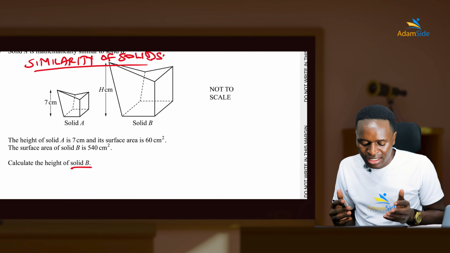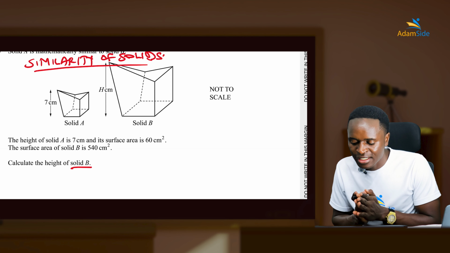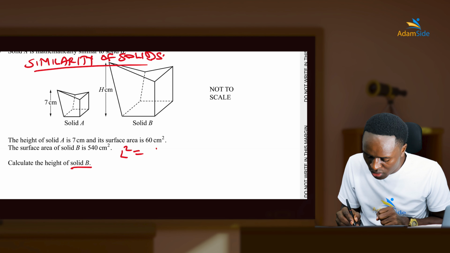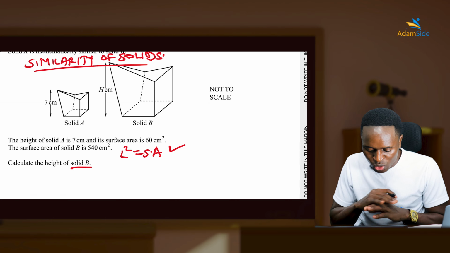So they need to find the height. In this case you cannot say the area is equal to the length. Length squared should be equal to the area, the surface area. This is the trick. If you understand this part, you perform well.